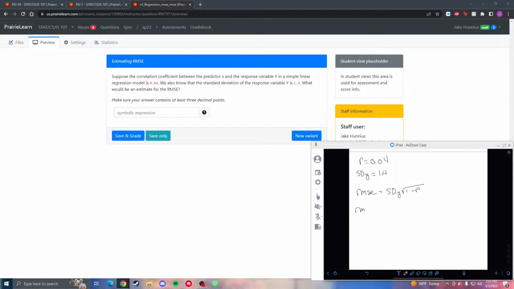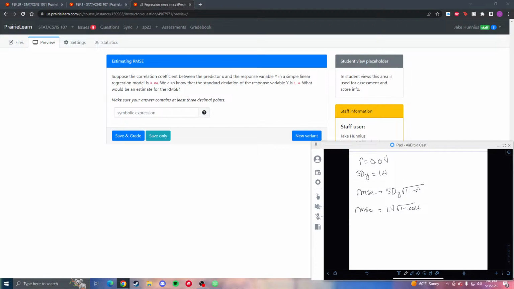So RMSE in this case is our SDY, which is 1.4, times the square root of 1 minus R squared, and R is 0.04, so R squared is 0.0016.